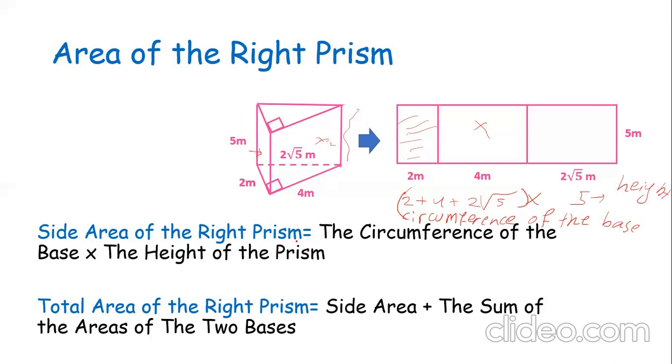Now, if you want to calculate the total area, then this is equal to the side area, which we already calculated here, plus the area of the two bases. In this case, the area of those two triangles that form the bases. So the total area of the right prism equals the side area plus the sum of the areas of the two bases.